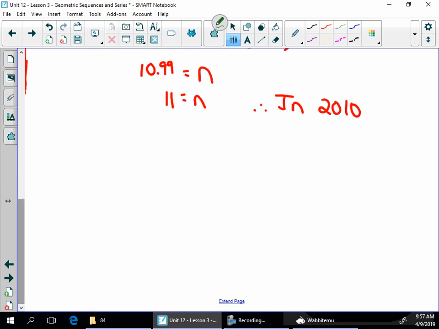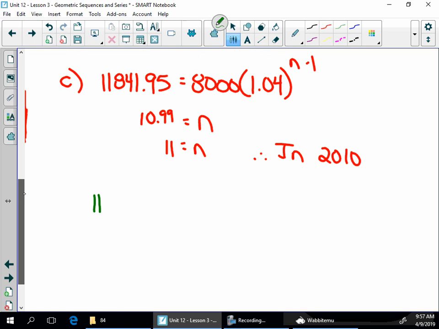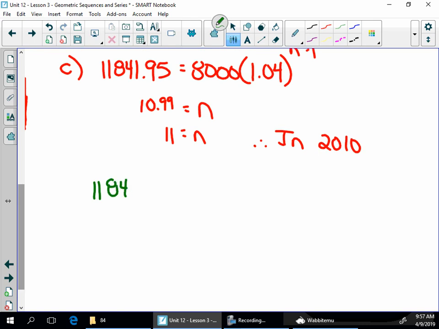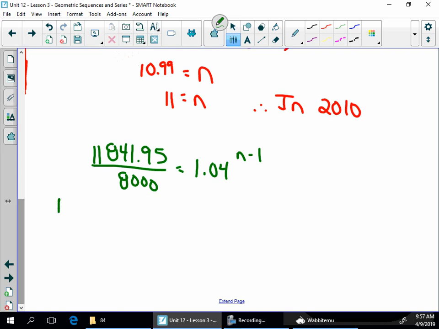And just to show again one more time, 11,841.95 divided by 8,000 will leave you with 1.04 to the n minus 1. We're going to take the log of the left, whatever this comes out to, the log of that big giant fraction there. It's a big decimal, so I'm not going to really worry about what it is.